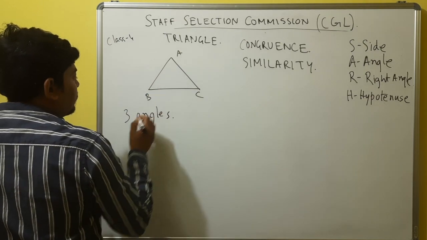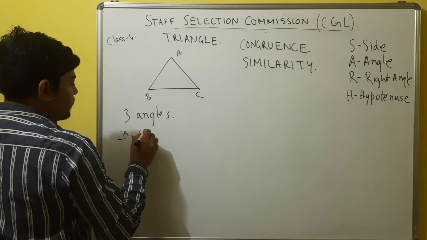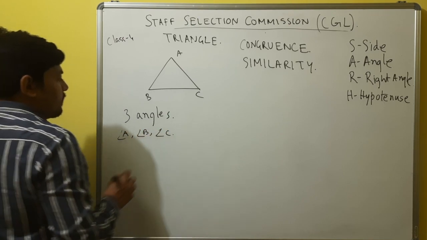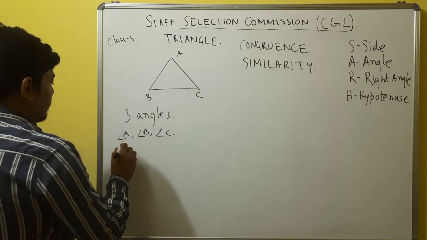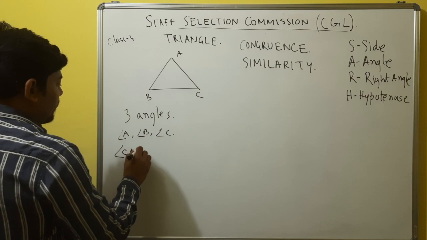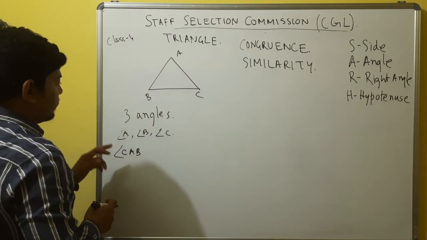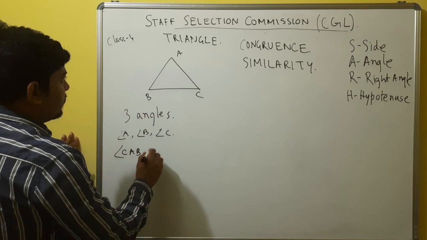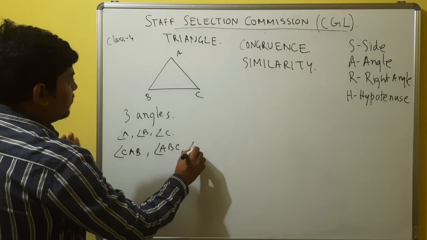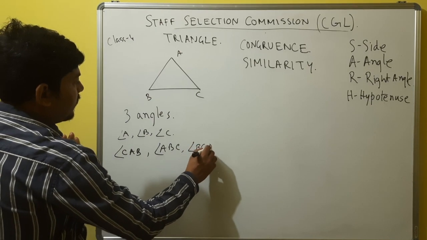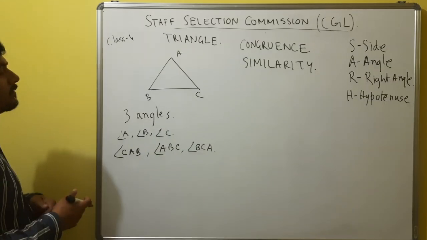There are two ways of calling them. The short way is A, B, C. But the broader and standard way is calling them this way, so that we tell the arms also and the vertex: angle CAB, angle ABC, and then angle BCA. So this is how we call the angles in a triangle.